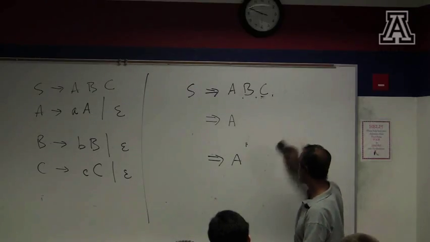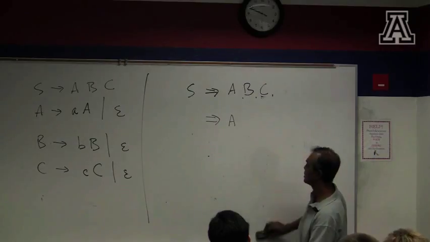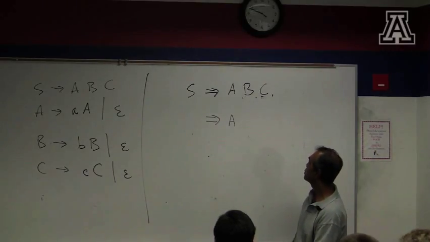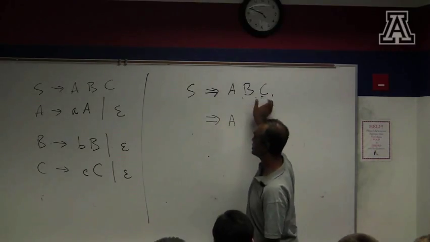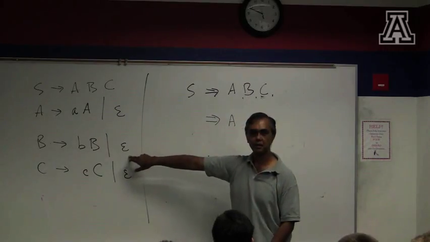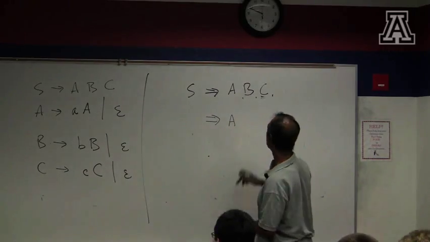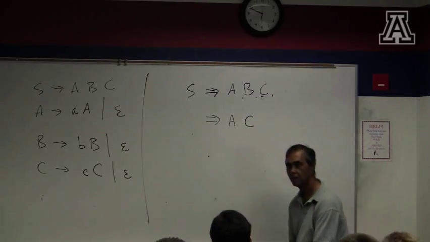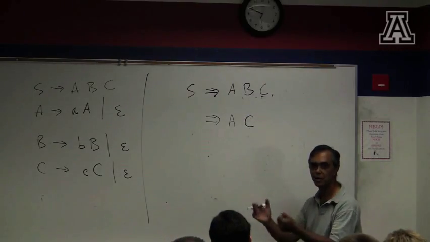Let's make things a little bit more complex. Here's a different derivation. S goes to A B C. Well, let's suppose that B goes to epsilon. Because B went away.